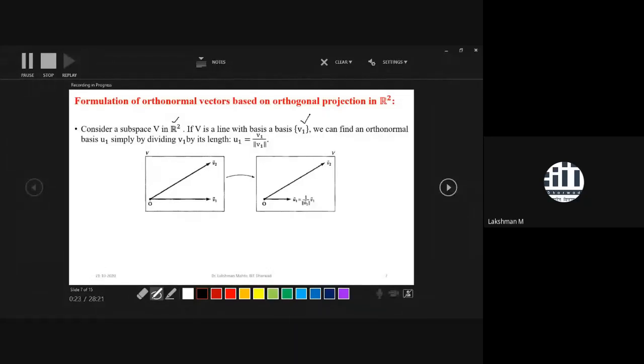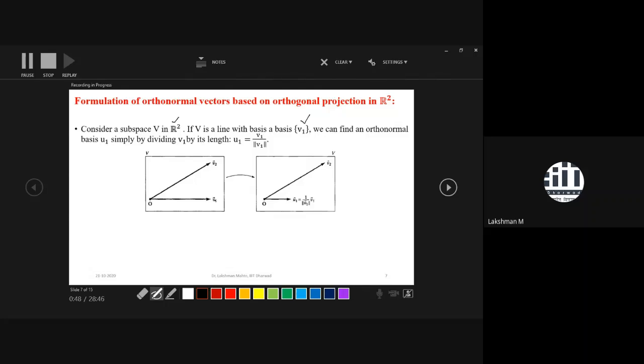You can say that the line has a basis with a single element. So this V1 is the basis of this line as a subspace, and we can find the orthonormal basis U1 just by dividing V1 by its norm. You know that if you divide any vector by its corresponding norm, then that vector becomes a unit vector.